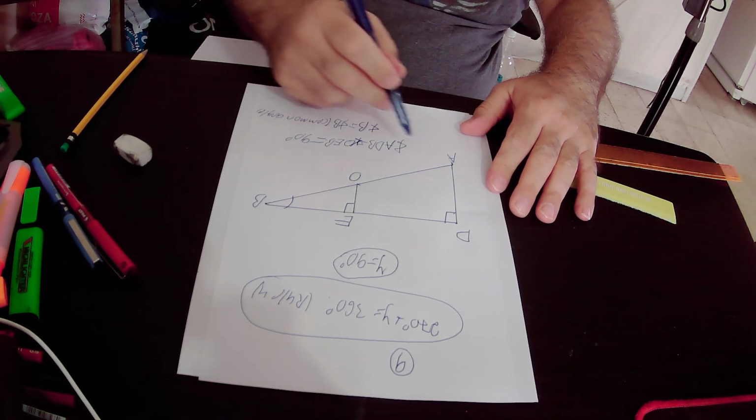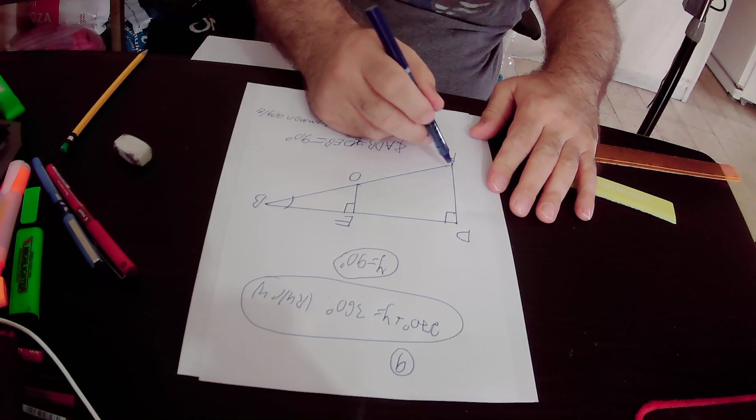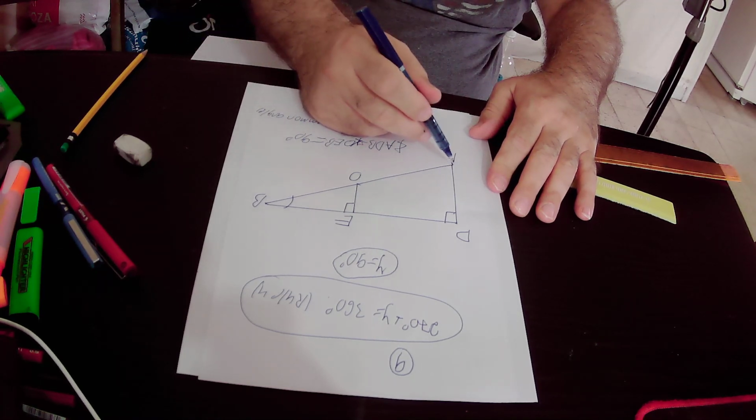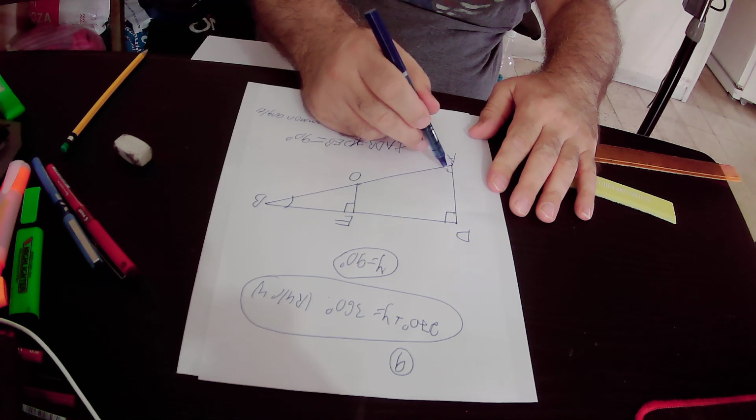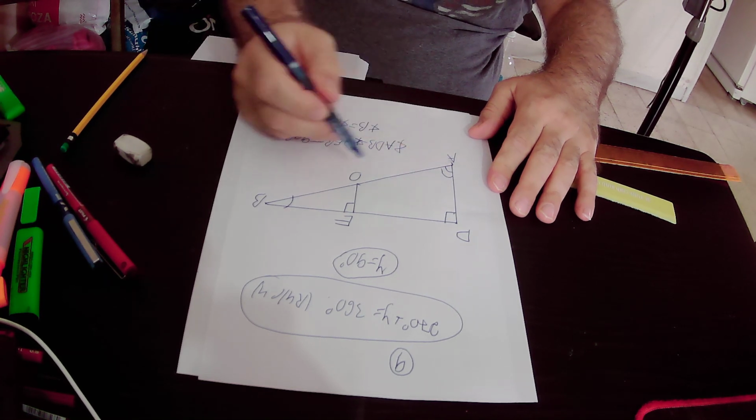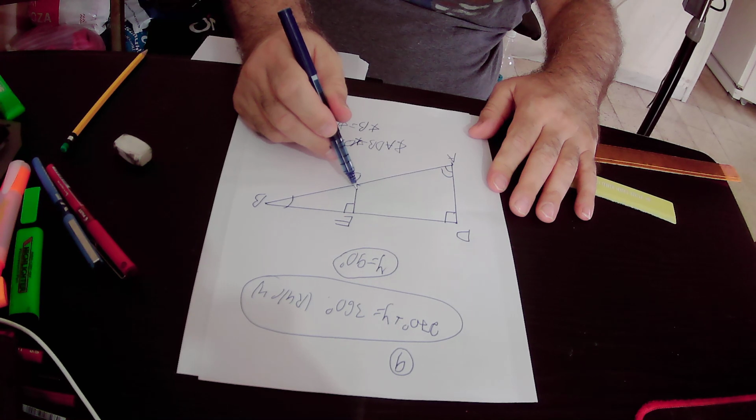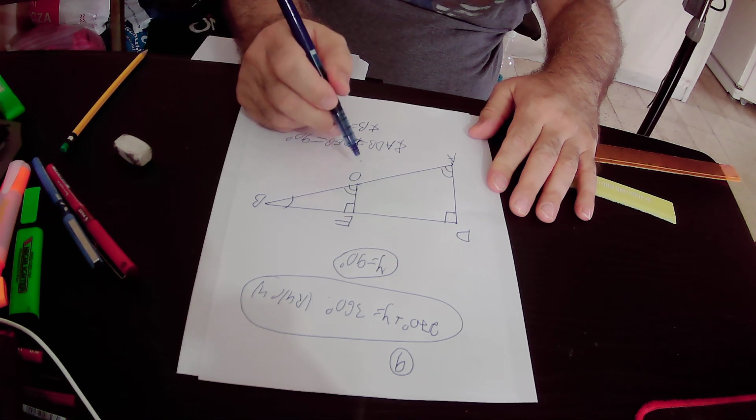And the third pair of angles, angle BAD in the big triangle, also equals angle BOE in the small triangle.